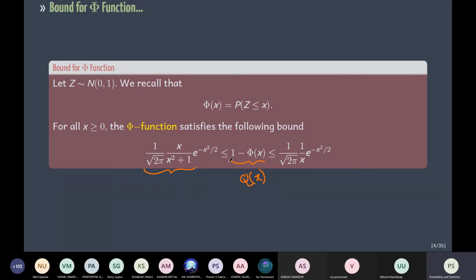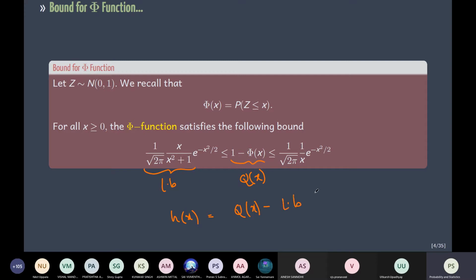Because this is 1 minus of that. In other words, what I am trying to say is that Q(x) minus the lower bound is greater than or equal to 0, if I can prove that. So what I have defined is Q(x) minus the lower bound.